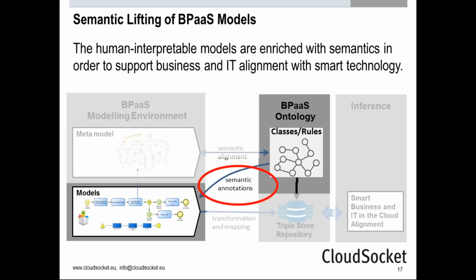And now we can also extend the models that we have with additional semantic descriptions. So we have the human-interpretable models, and we enrich them with the semantics, and the semantics again comes from the ontology.